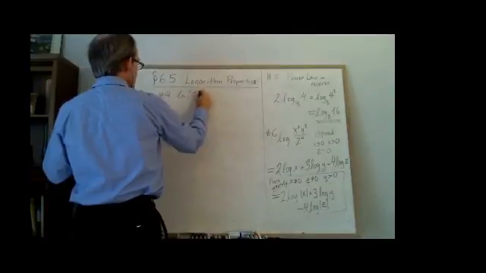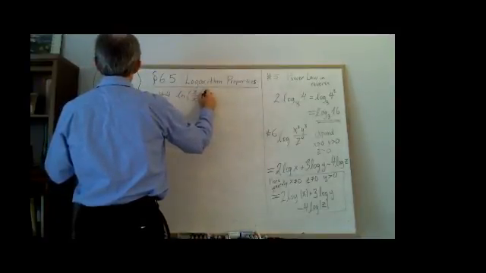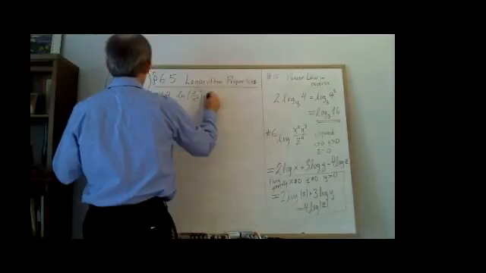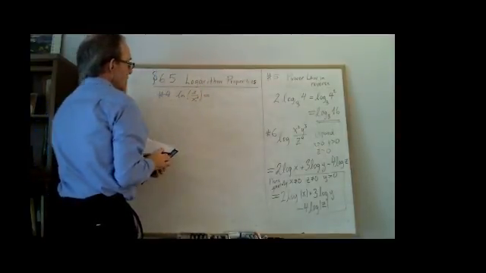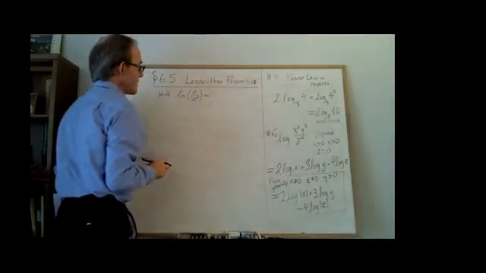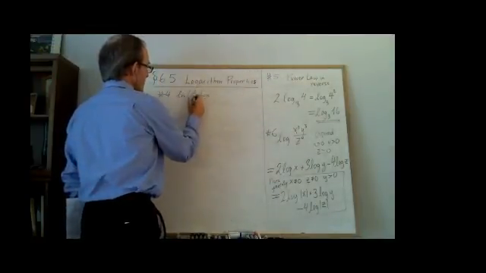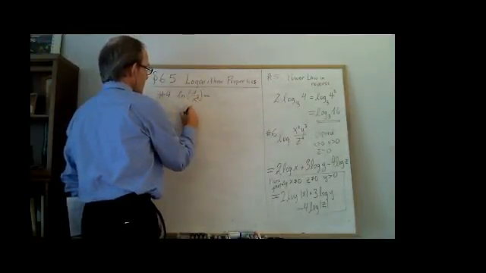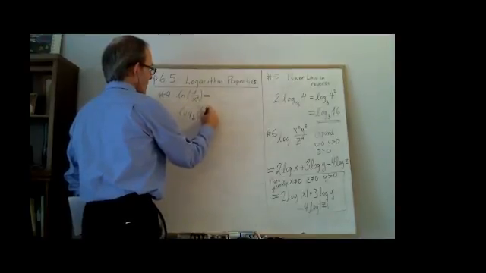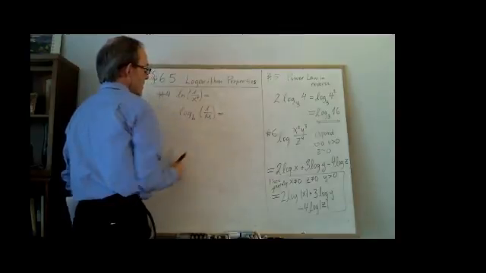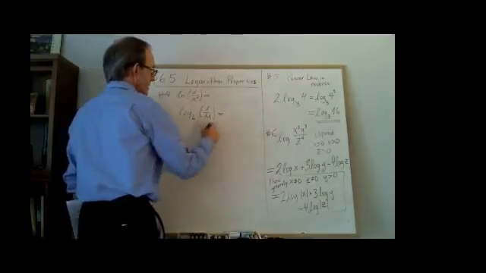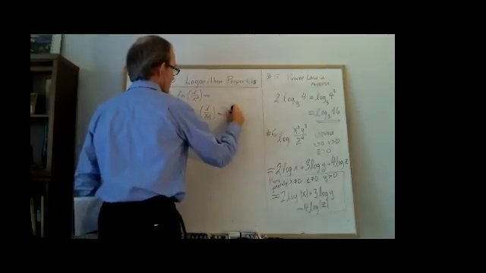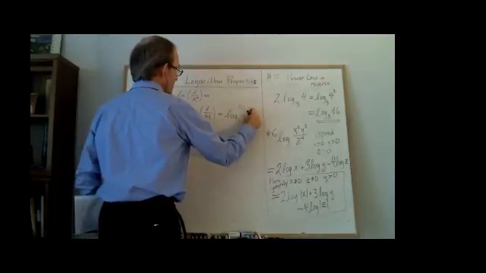Simplify this. Ln of 1 over x squared. So again, I use the quotient rule for 1 over something. When applied to the reciprocal, it gives us log base b of m with a minus sign.